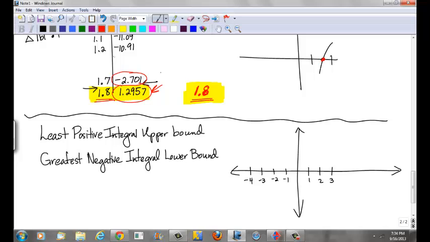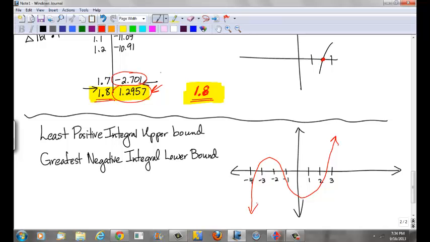Let's say our graph starts down here, and let's have it cross between -4 and -3. Have it come down and cross between -2 and -1, and then have it come over and cross between 2 and 3. I'm just making up a graph.